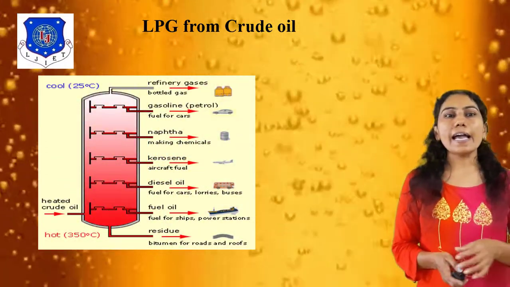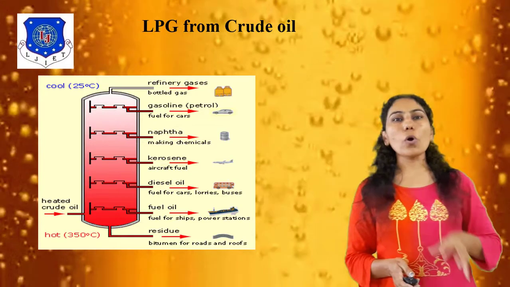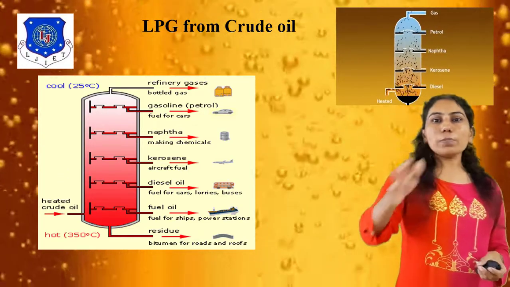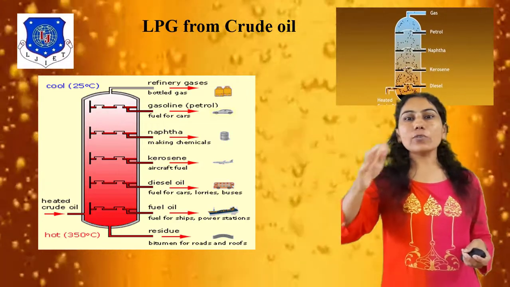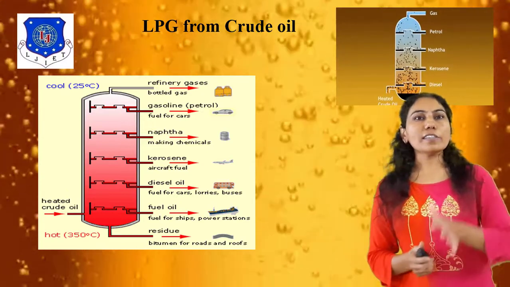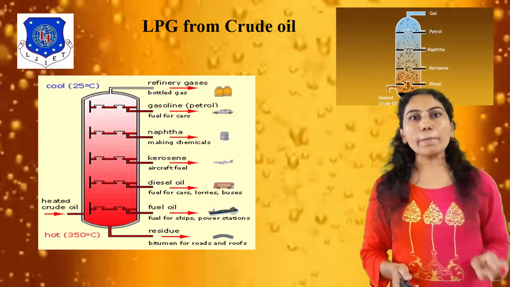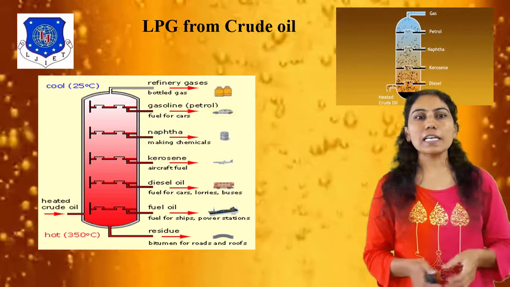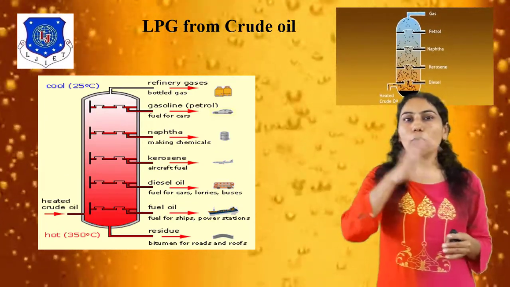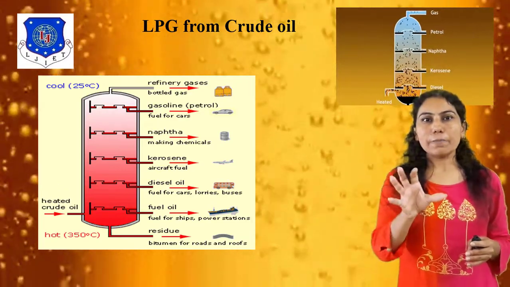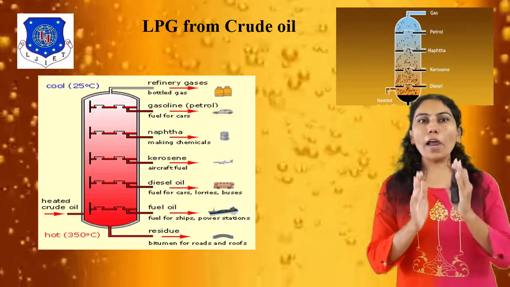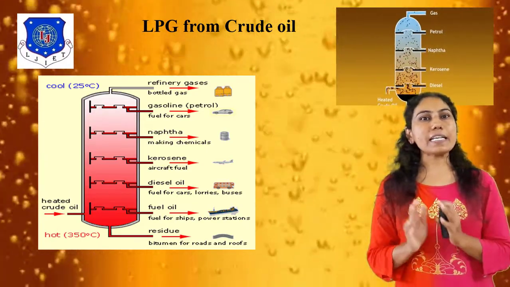You can see the diagram of the refinery process, which produces petrol, kerosene, diesel, naphtha and gas. The crude oil is heated, and the reforming and distillation processes finally produce the products. The main process is reforming, where oil is heated at 350 degrees Celsius.